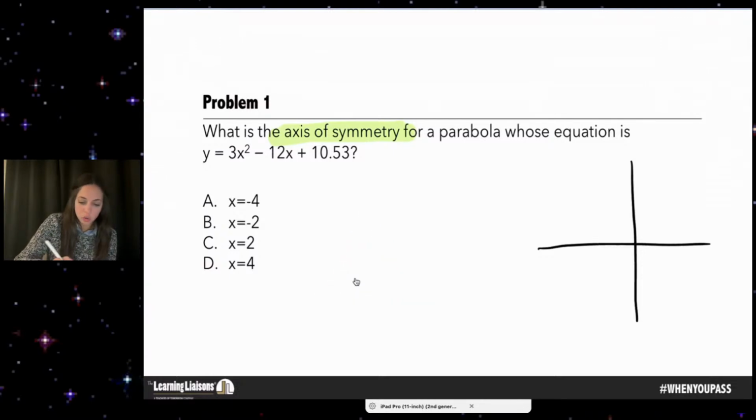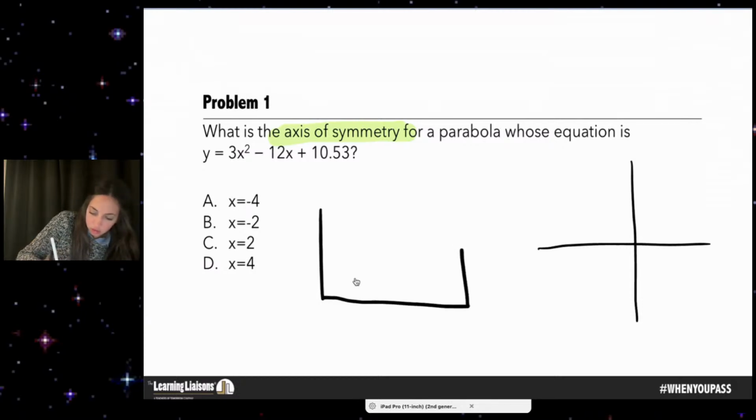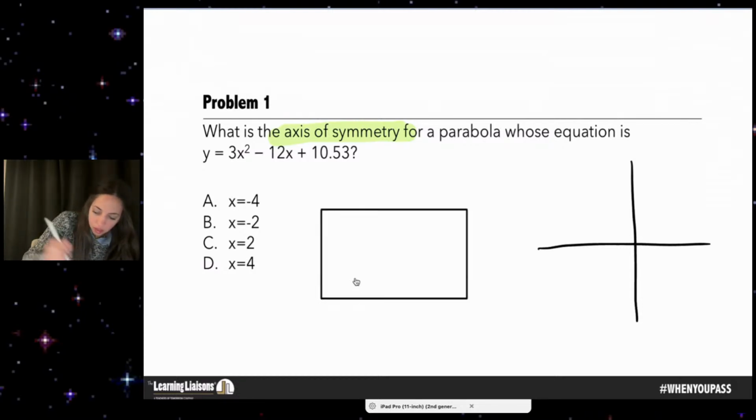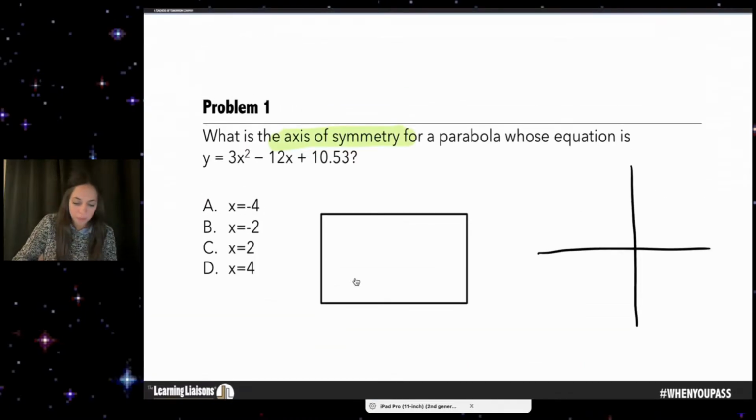Okay, let's do a square or a rectangle. The axis of symmetry or the line of symmetry would be right there because I'm cutting it in half. It could also be right here for a rectangle, right?